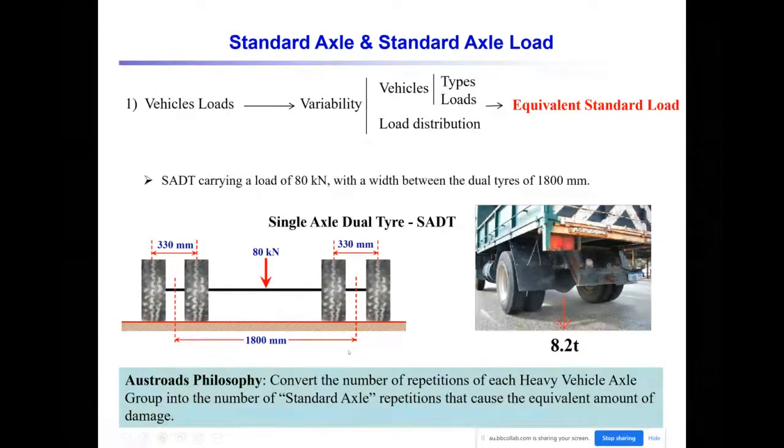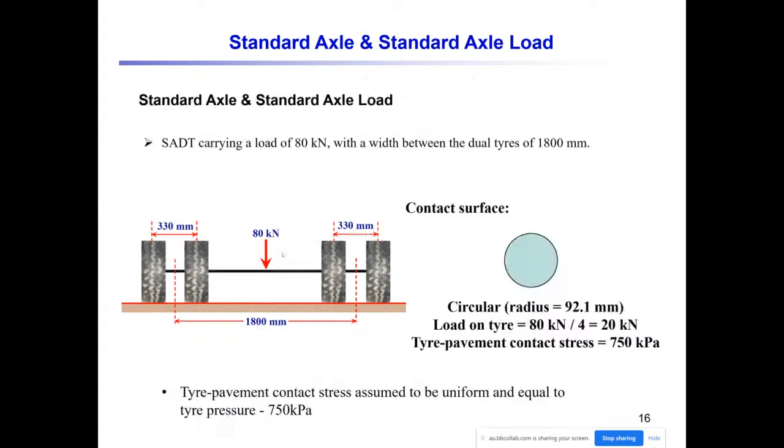And also the width between the dual tires is 1,800 millimeter. So this is the definition of the standard axle. So now we want to know how we can convert everything to this standard load and this standard axle.